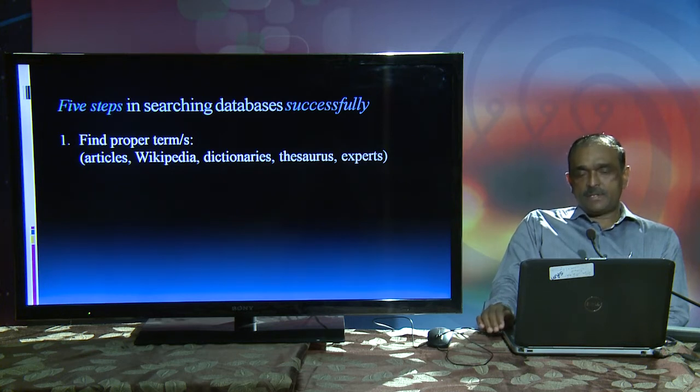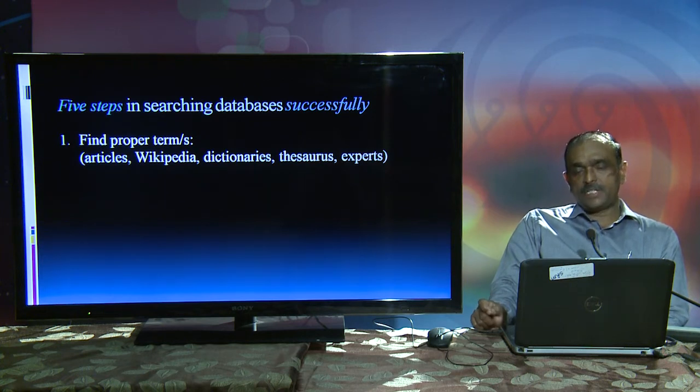The fantastic part of modern day databases is that some of them are providing their own thesaurus so as to find out the appropriate term before you start your search. For example, EBSCO's Academic Search Premier or many databases of EBSCO do have a thesaurus or a separate link called subject terms, where you will be able to find all these broader, narrow and related terms, which help you to select precise terms for searching the databases.